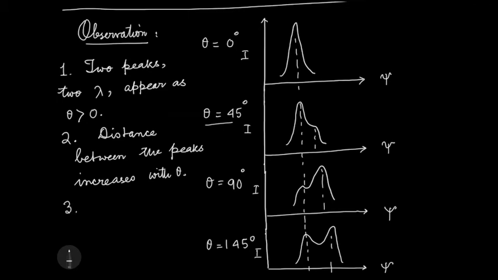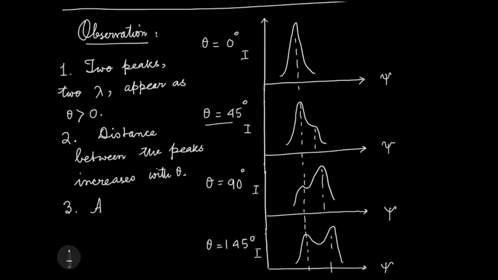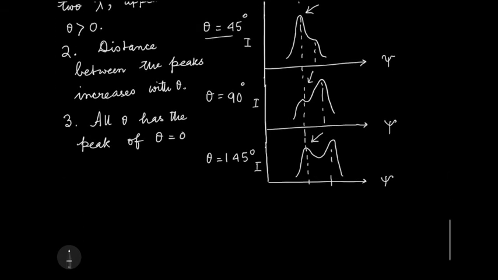And for all theta, the peak of theta equals 0 is there. So this peak is always there. The relative intensity of the two peaks may change, but that peak is always there.